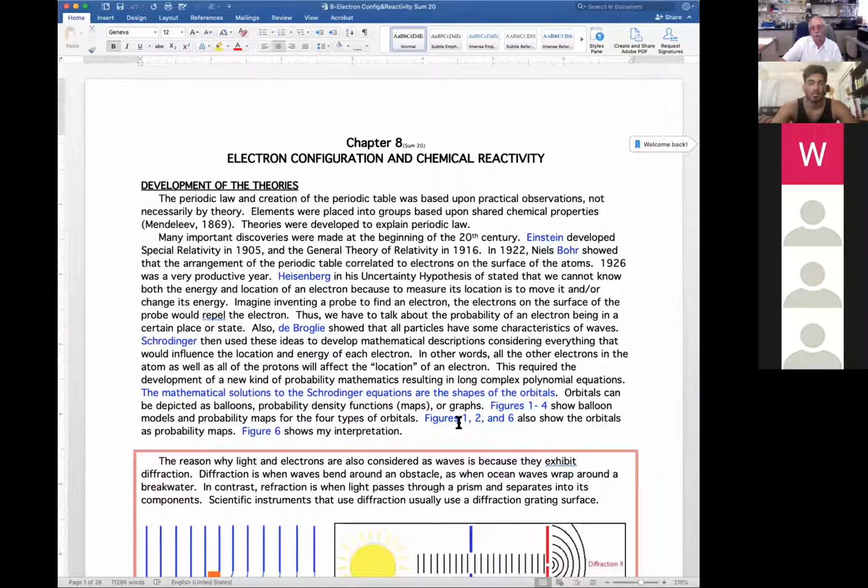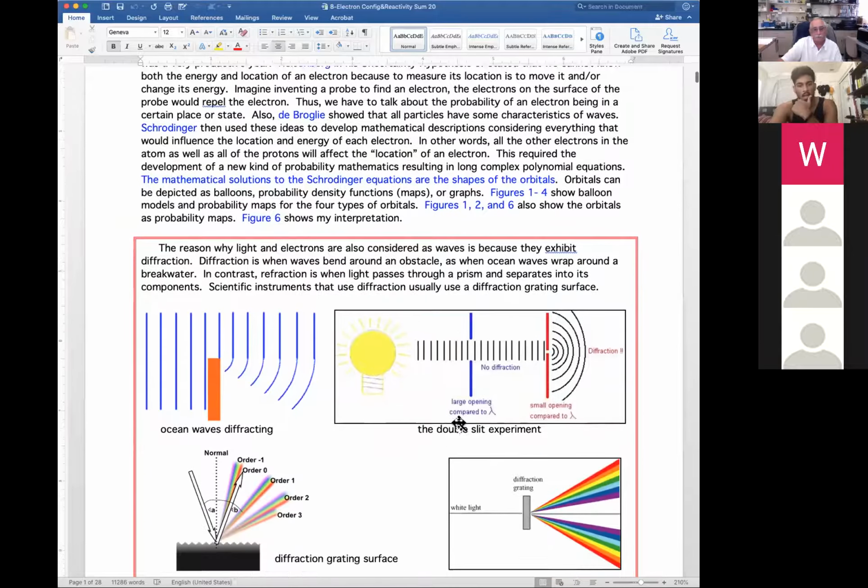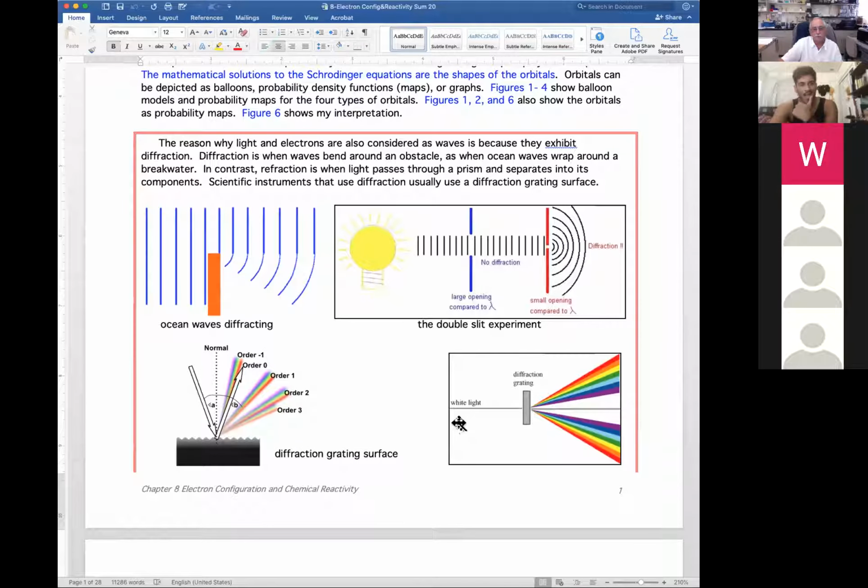Okay, so chapter 8 causes a lot of confusion because light is confusing. It's just not in our everyday experience. So here's ocean waves diffracting. Who would ever think that light would do that? But light does do that.